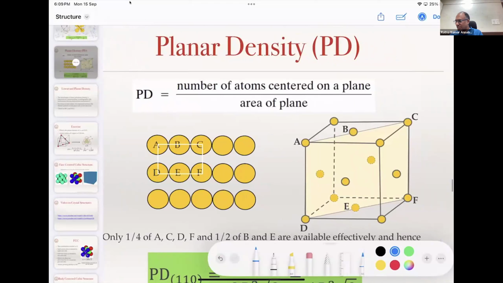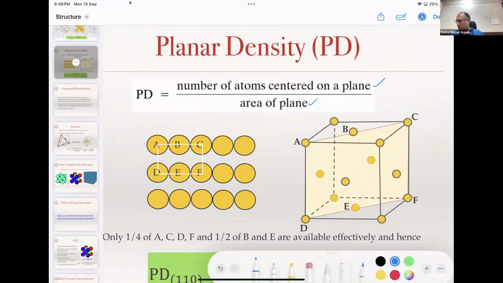The definition is the number of atoms centered on a plane. In linear density, you take the length of the vector. Because it is planar density, you take the area of the plane. The unit for linear density is per meter, and for planar density it is per meter square. You have to be very careful.